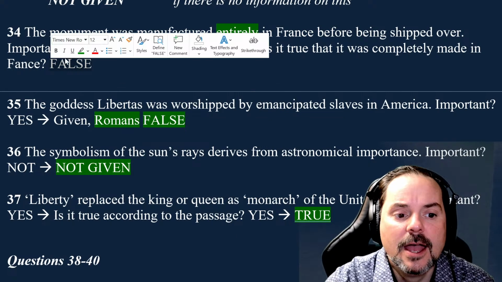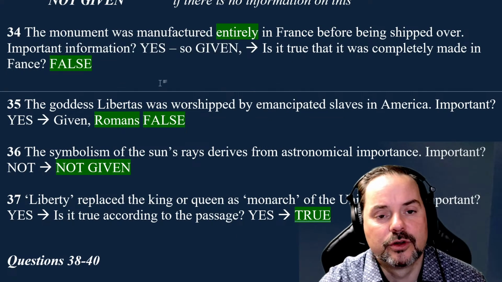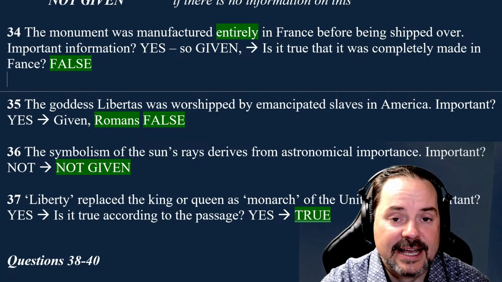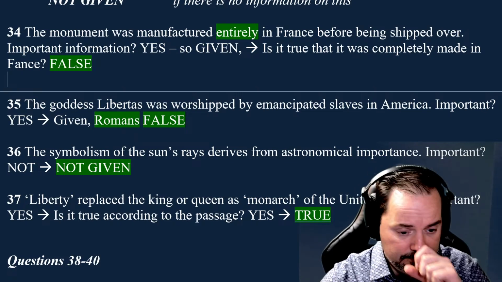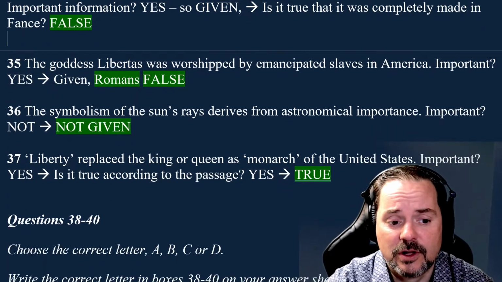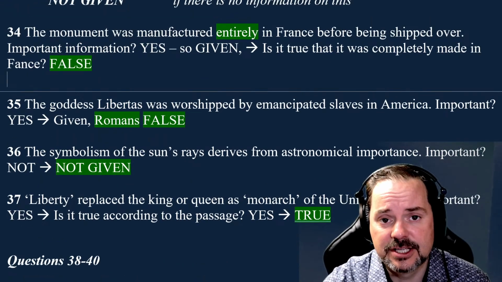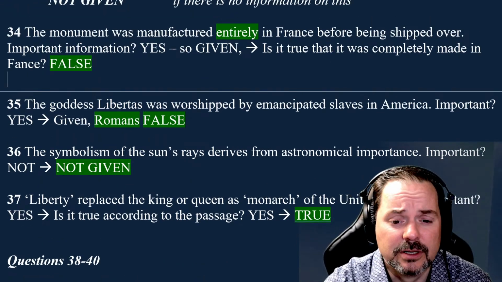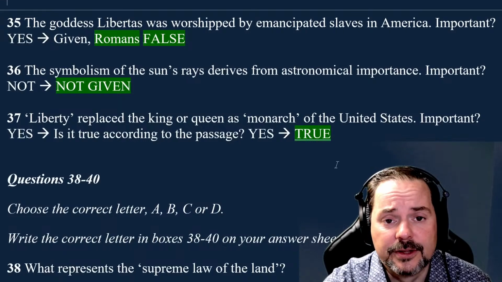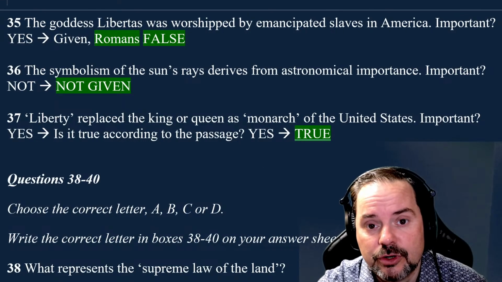And this is why it's not good to read these questions before the passage, James, and everybody, because notice how here the answers are false, false, not given. So if you're reading these questions before you read the passage, it gets really confusing because only the last one is actually true.